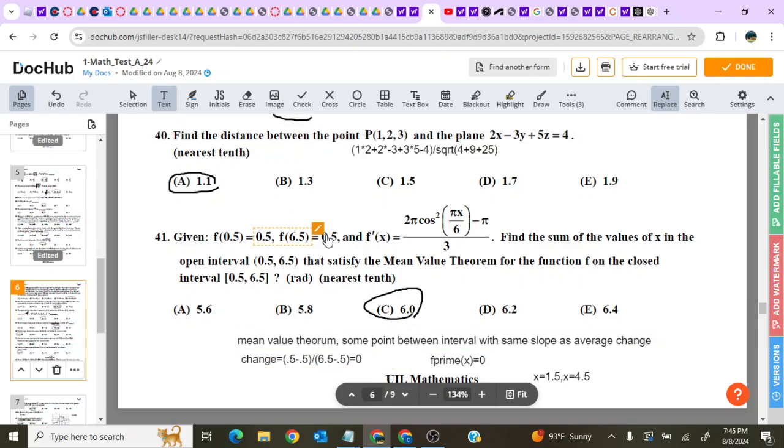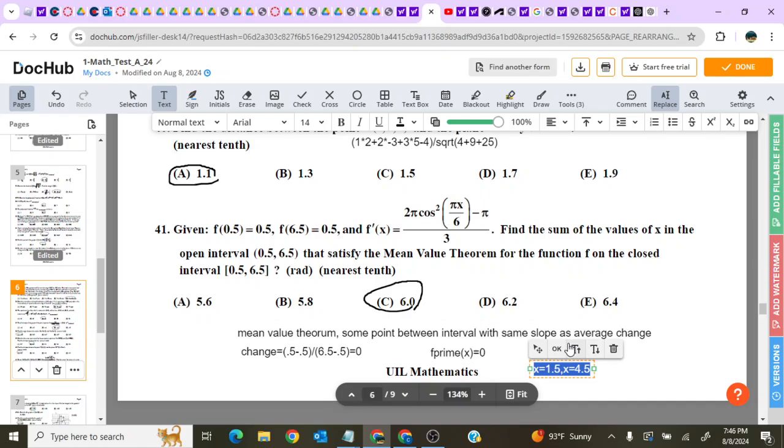Well, the average change is new y minus original y over the distance between the x values. So 0.5 minus 0.5 over 6, which is 0. In other words, when is this giant equation equal to 0? And that happens at x equals 1.5 and x equals 4.5.